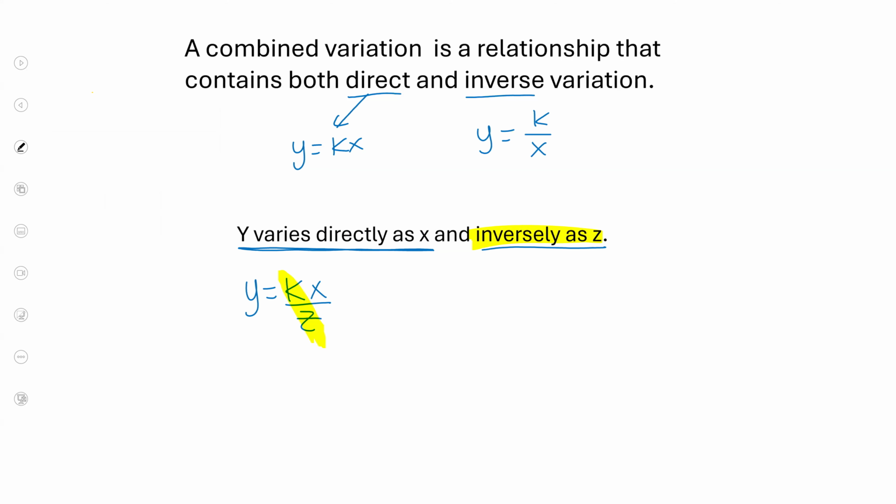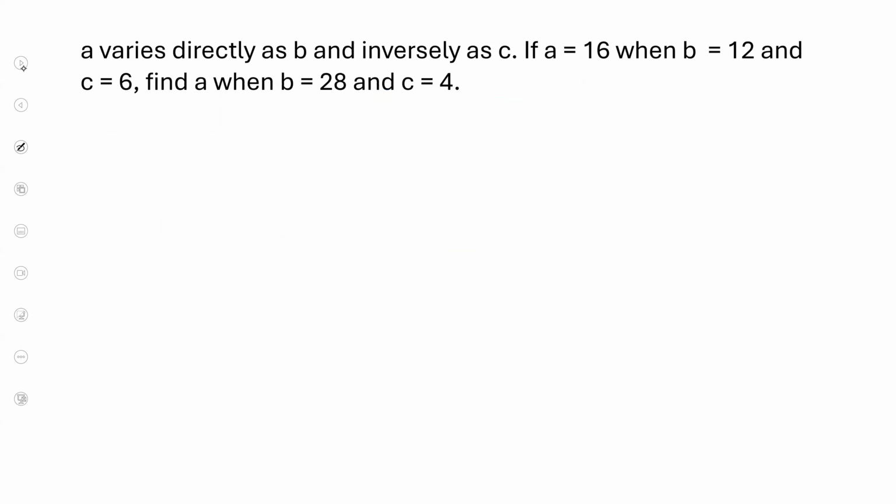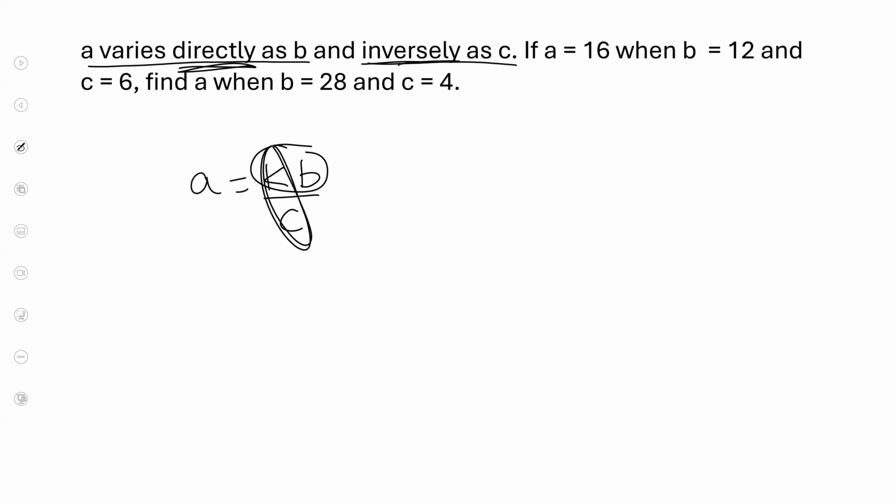Let's look at another example. A varies directly as B, but inversely as C. So here's the direct, and the inverse is this one. All right, let's read the rest.